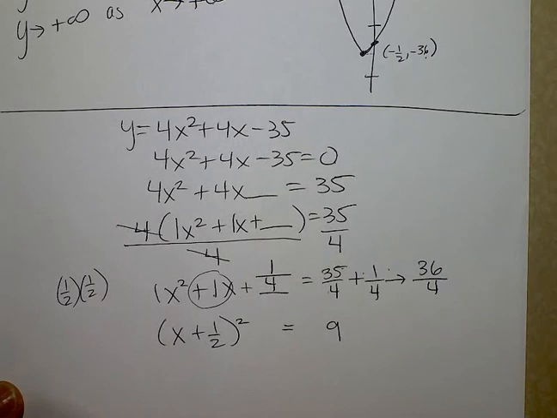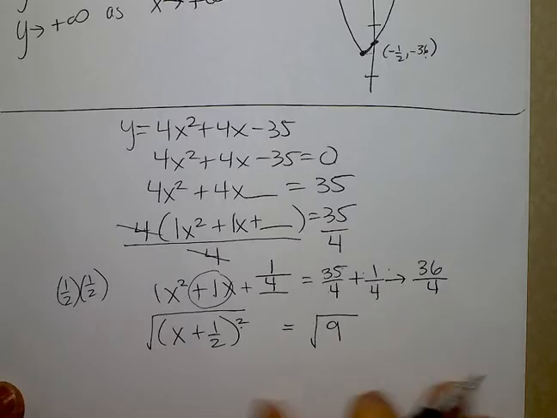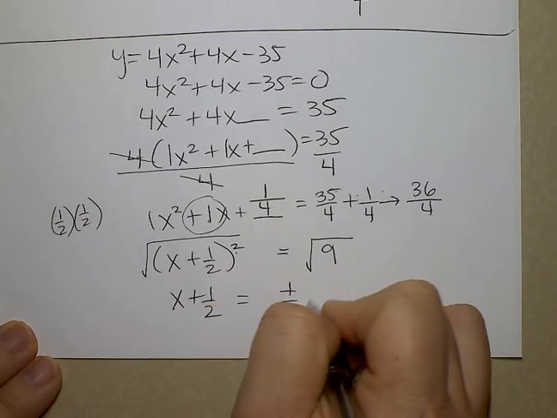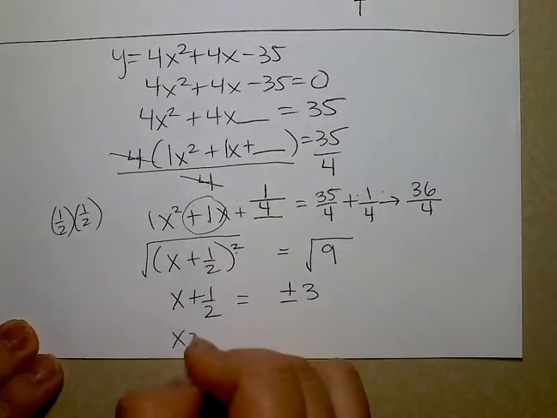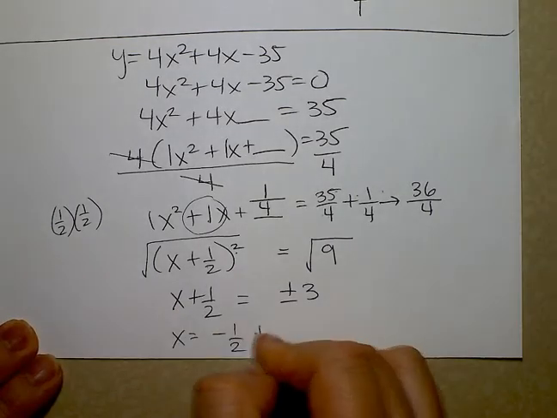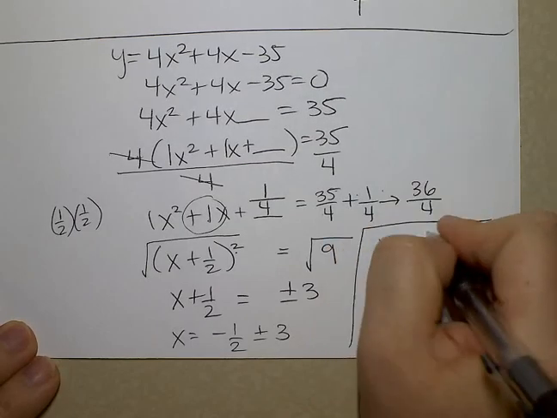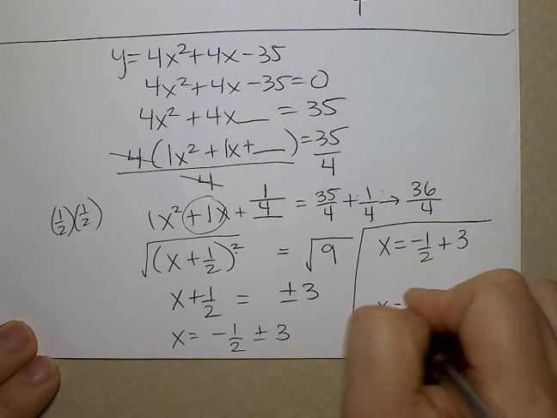Now this tells me I'm going to have two answers. To eliminate the square, I square root both sides. Square root of 9 is 3. Now I move the 1/2 to the opposite side. One time I'm going to add, the second time I will subtract. And you can use a calculator to do that if you prefer.